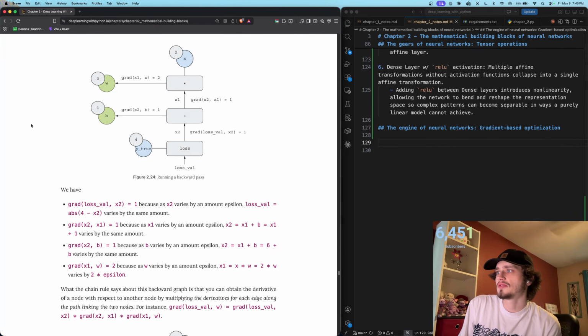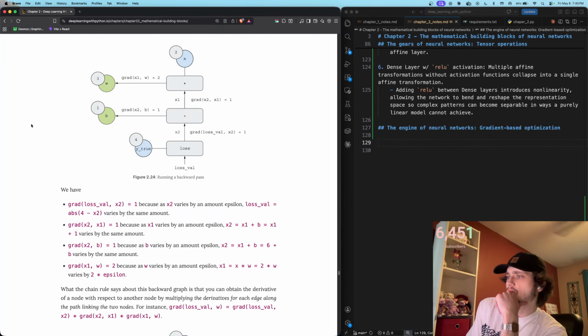Gradient x2, x1 equals 1 because x1 varies by amount epsilon, and x2, equal to x1 plus b, which equals x1 plus 1, varies by the same amount. And gradient x1 comma weight equals 2 because as weight varies by an amount epsilon, x1, equal to x times weight, which equals 2 times weight, varies by 2 times epsilon.